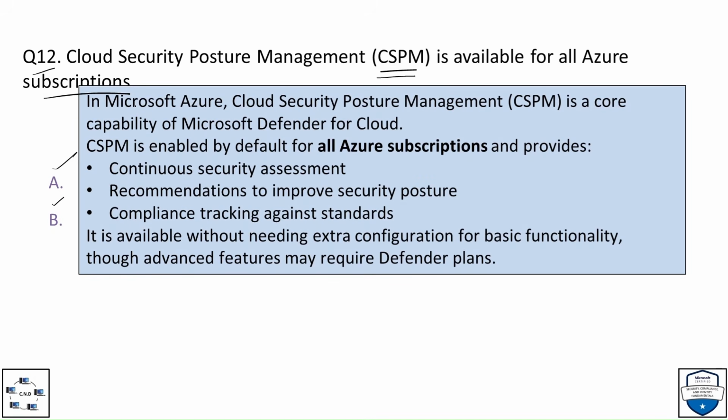And the explanation is, so in Microsoft Azure, CSPM is a core capability of Microsoft Defender for Cloud. CSPM is enabled by default for all Azure subscriptions and provides continuous security assessment, recommendations to improve security posture, and compliance tracking against standards. So it is available without needing extra configuration for basic functionality, though advanced features may require Defender plans.